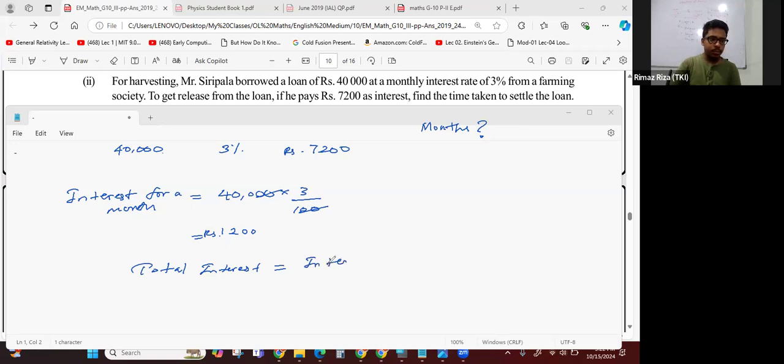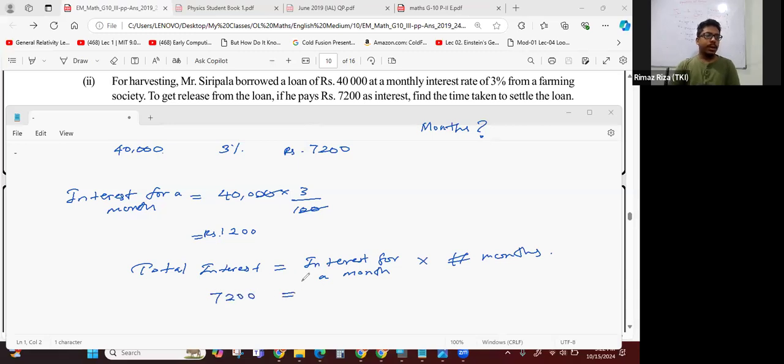So therefore, the total interest we can calculate: total interest is equal to interest for a month into number of months. So here total interest is 7,200.